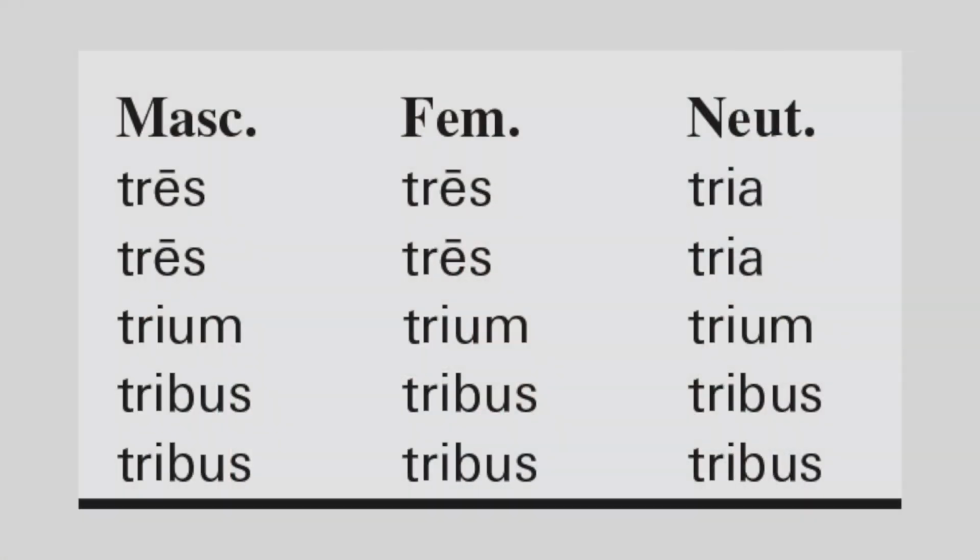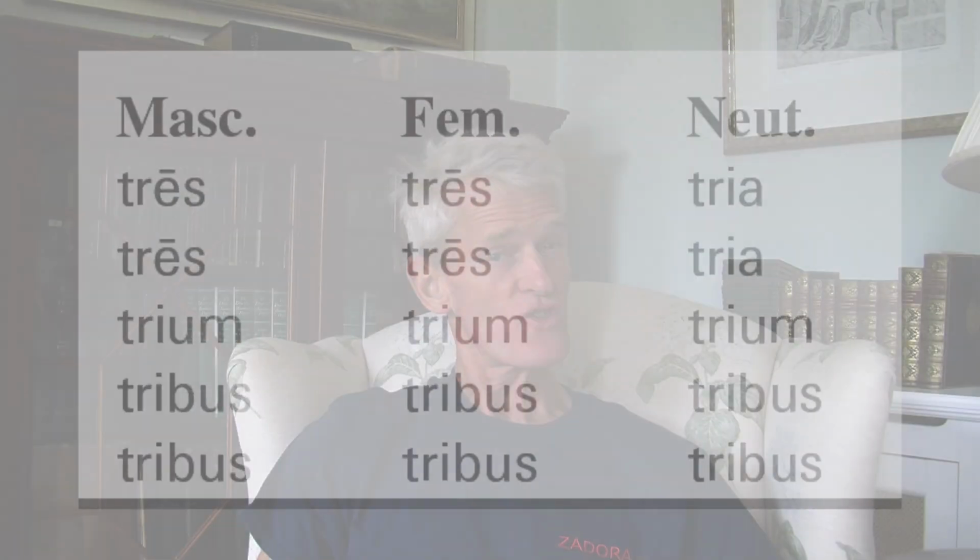And then finally, tres. Now, tres means three, and it also doesn't obviously have a singular. It declines as follows. Tres, tres, tria. Tres, tres, tria. Trium, trium, trium. Tribus, tribus, tribus. Tribus, tribus, tribus. Now, again, it's not really very important to know that, because tres in the nominative and the accusative is the same, tres, and in the masculine and the feminine it's the same, tres.